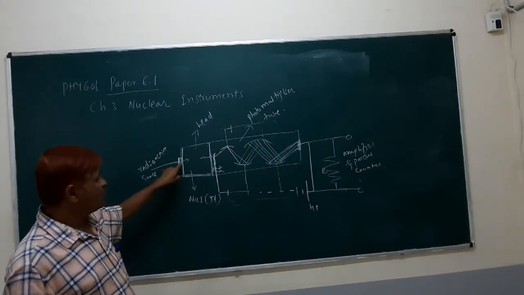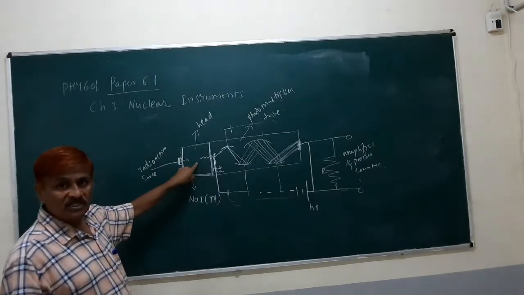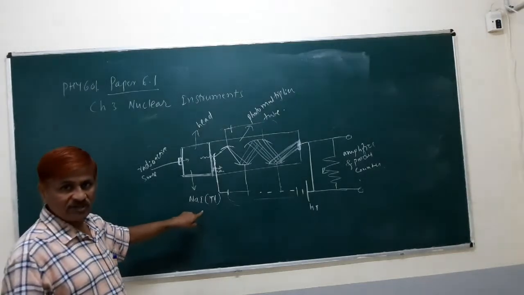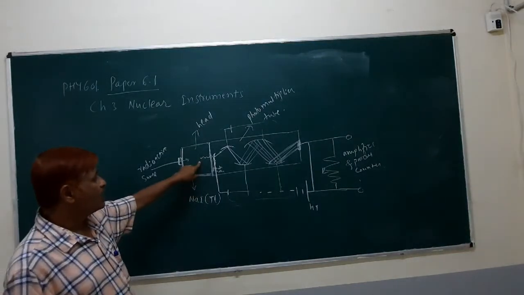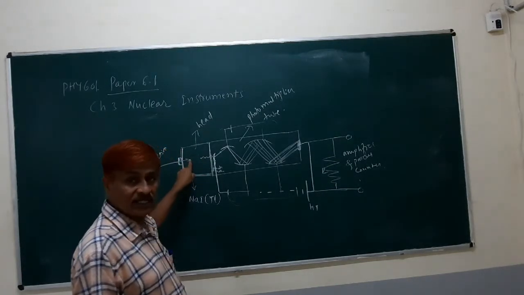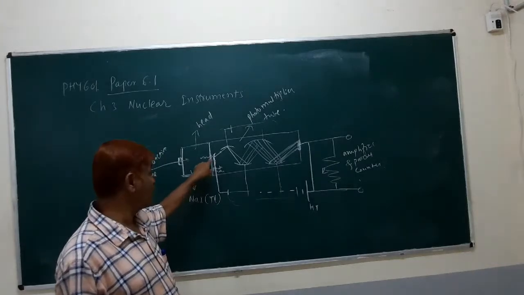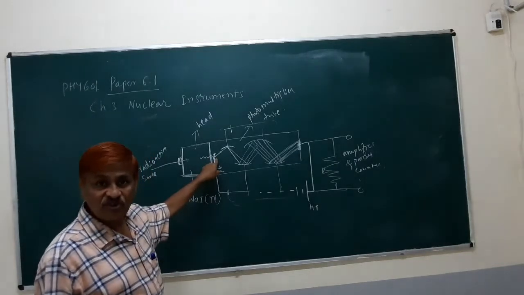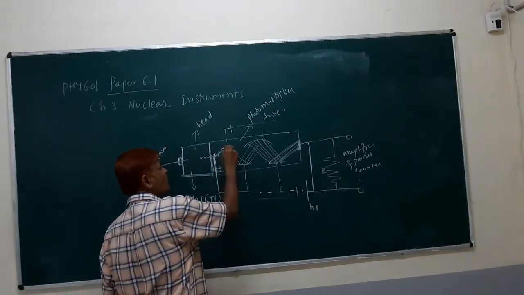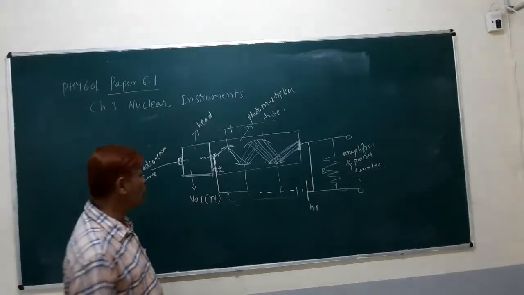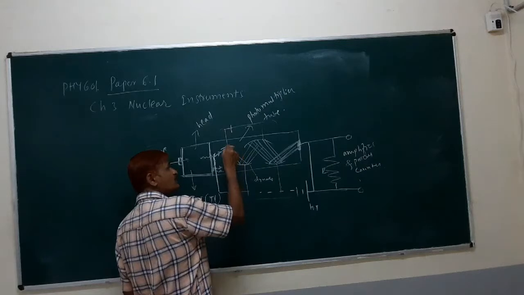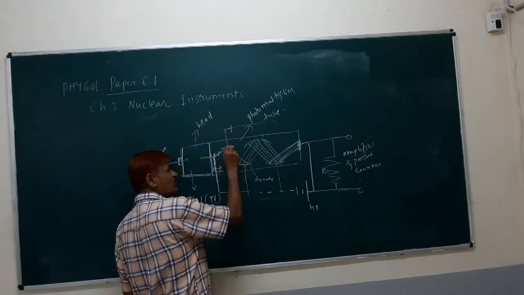So radiation coming from the radioactive source falls on the scintillating material. It may be sodium iodide or thallium; usually this is widely used. The light produced because of the entry of this particle falls on the photocathode. It produces electrons, and this electron falls on one more photodiode, as they call it, which has a lower work function.